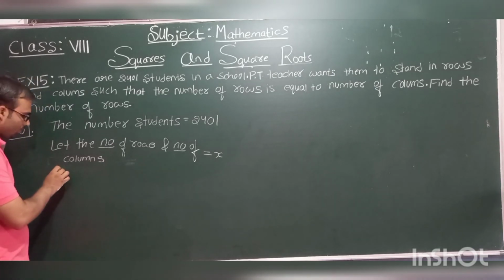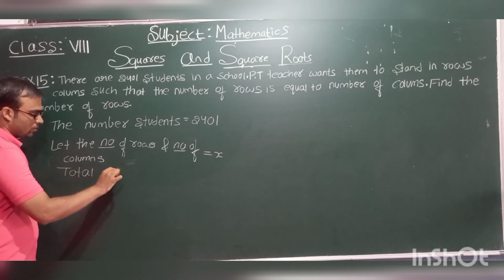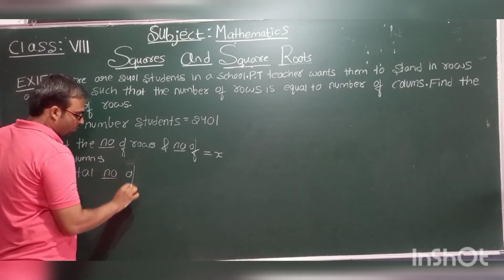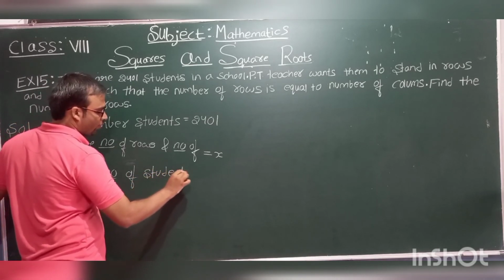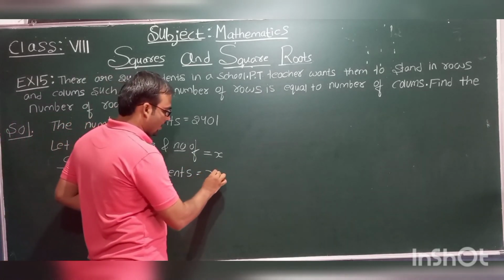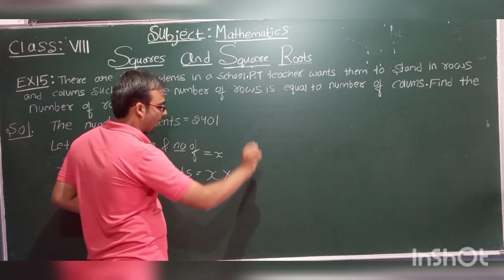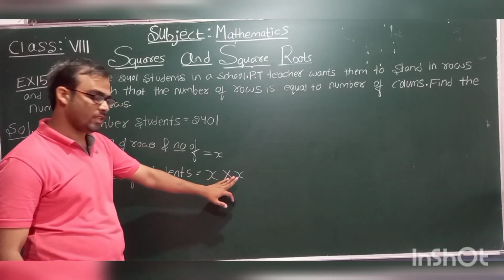Now the total number of students is equal to x into x. Students, look here. Total number of students is what? x into x. Why?